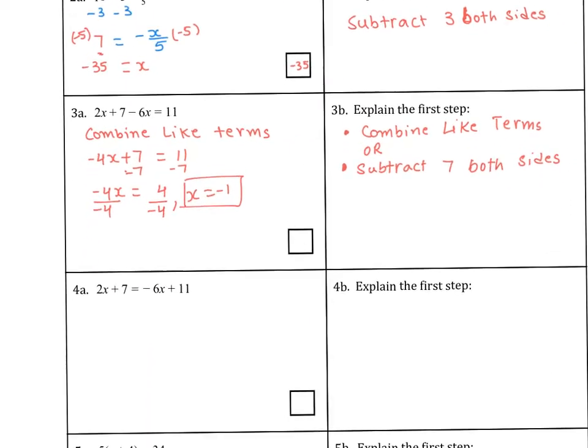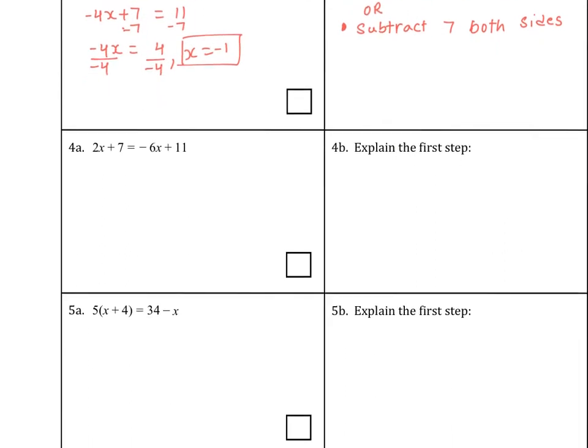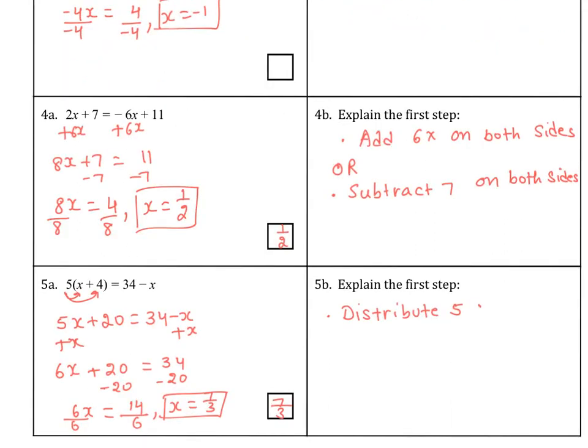Now let's just do numbers 4 and 5 from the bottom. 4a, 2x plus 7 equals negative 6x plus 11. We want to bring the variables on one side and numbers on the other side. So our first step could be either add 6x on both sides, or we can also do the first step as subtract 7 on both sides. I decided to add 6x on both sides as my first step.